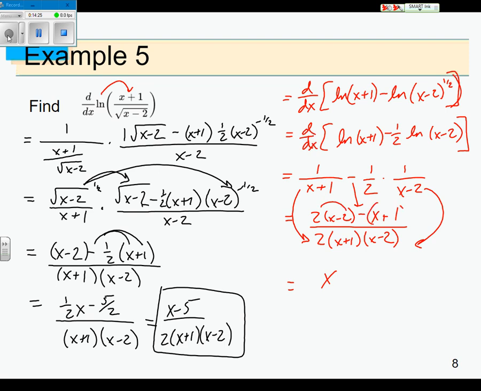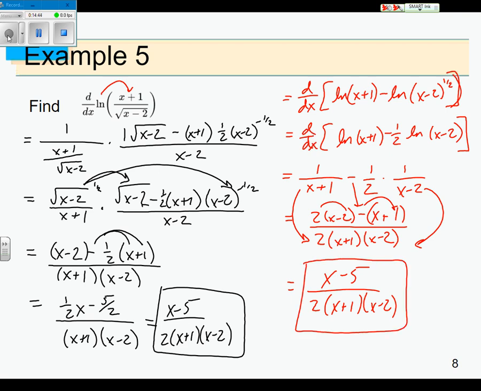Negative 2, oops, minus 1 is minus 5. So if you remember that algebra, man, it could make life a lot easier as far as taking the derivative of it. And as you can see, we got the same derivative either way that we worked it. So that'll take some practice, all right? Definitely will. So spend some time with it.